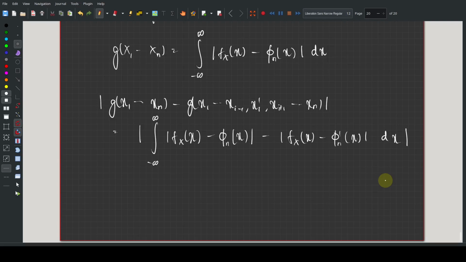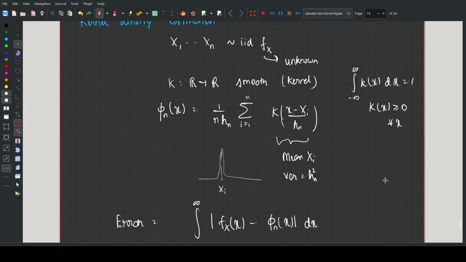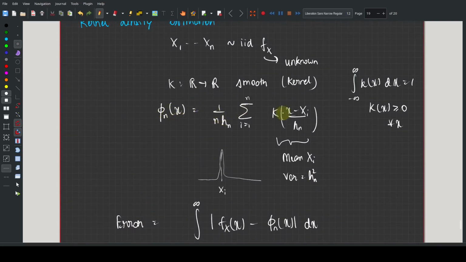Just to build some intuition, let's look at Pn minus Pn prime. Pn is basically a sum of functions of xi's, just one particular pulse. Intuitively, that should not influence the function by too much.